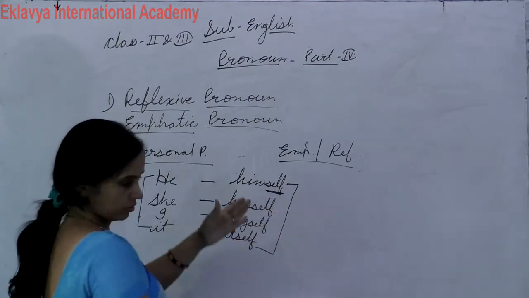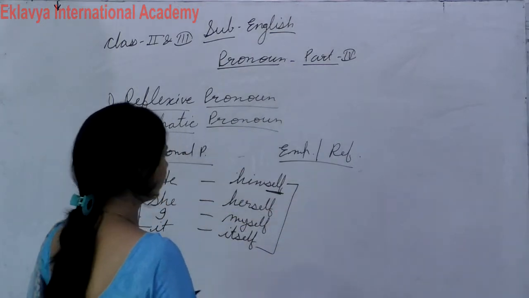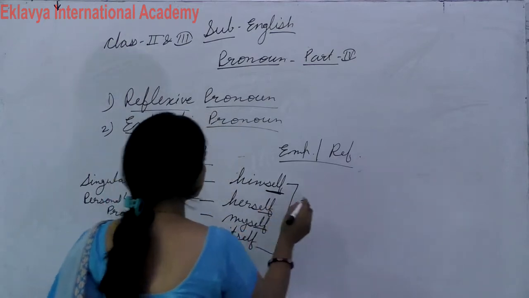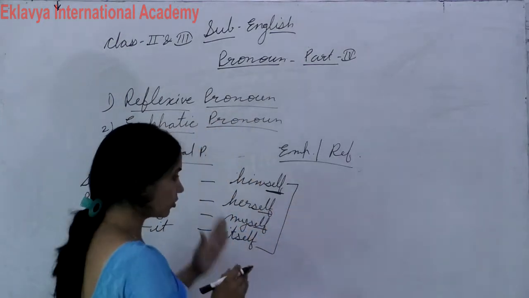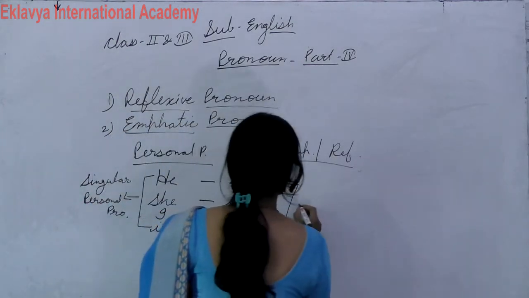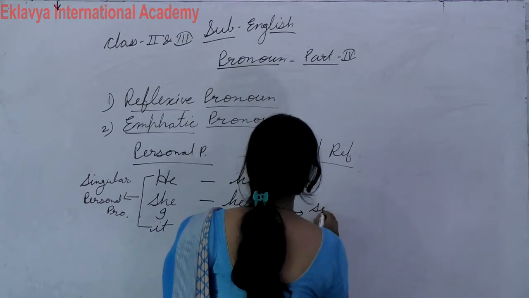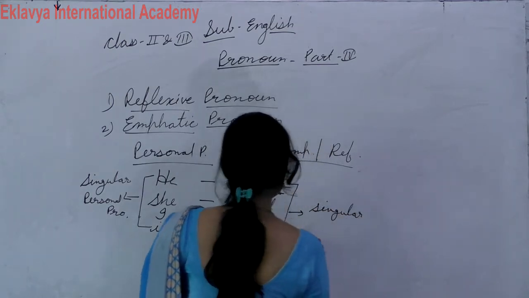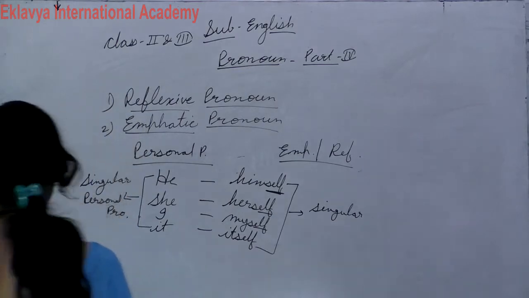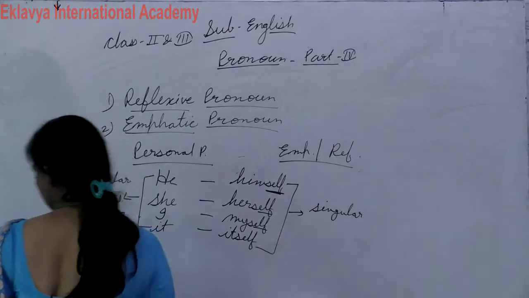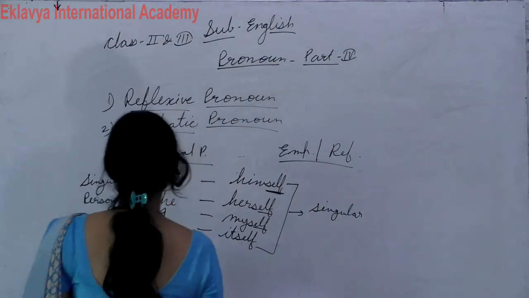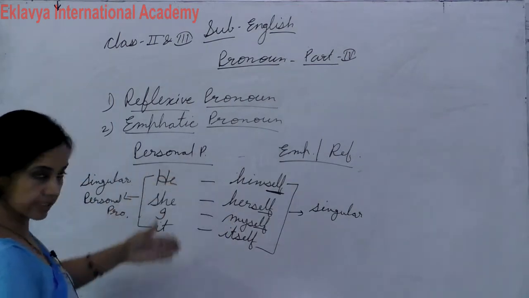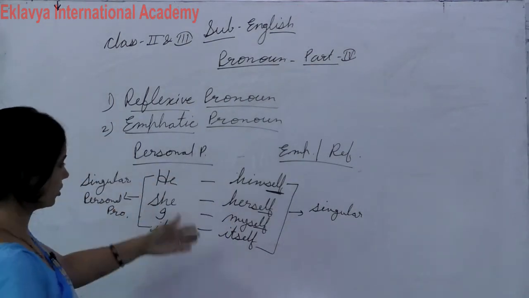This is how they can be formed, by adding self. Because these are singular, we will add only self. You have to note this in your notebook.